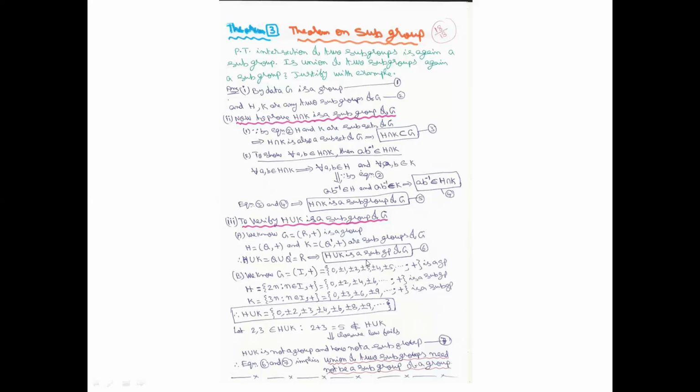That means in equations 6 and 7, in one case H union K is a subgroup, and in the other case H union K is not a subgroup. So the union of two subgroups may be a group, may not be a group. We can conclude that the union of two subgroups need not be a subgroup of G.